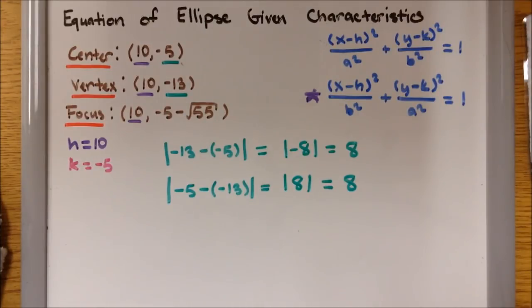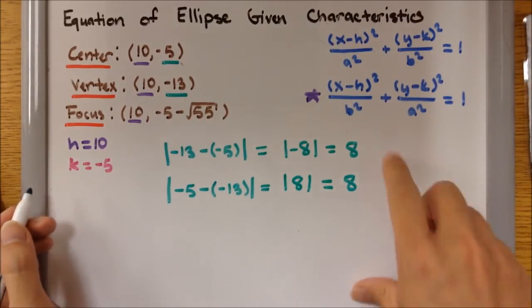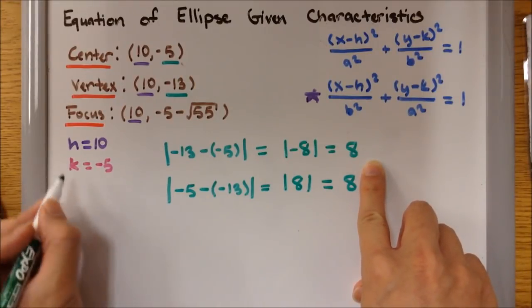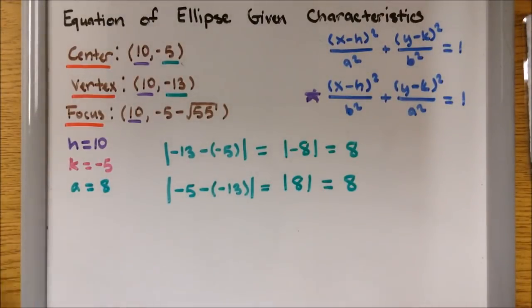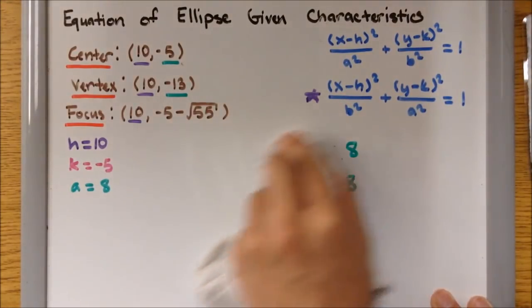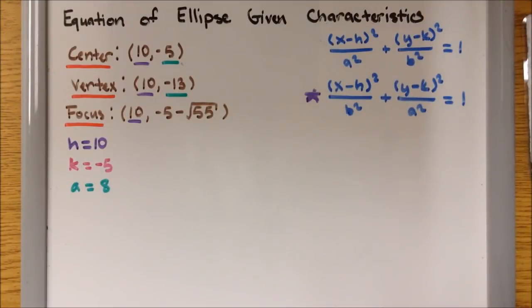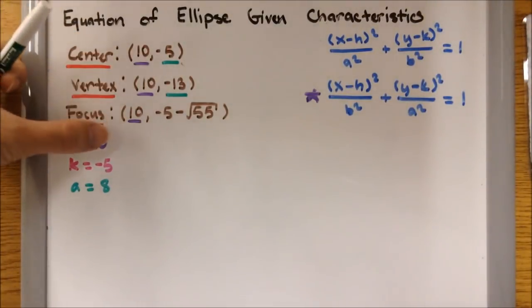Once we find the distance, we can safely say that our a value is 8. Now, why do we say that a is 8? Well, here's why. I'm going to erase to make more room. According to the formulas, all the h stays the same.